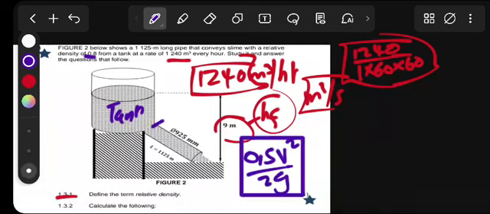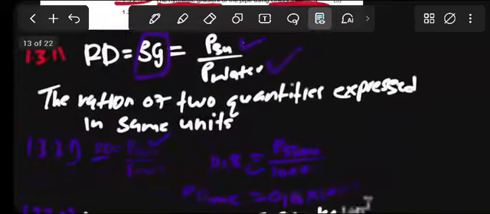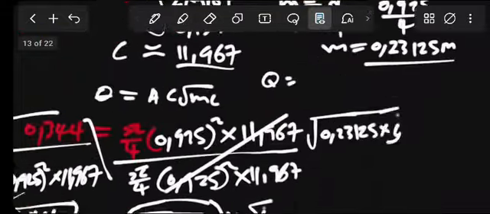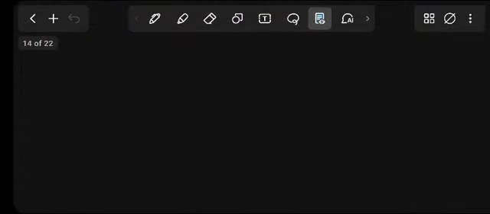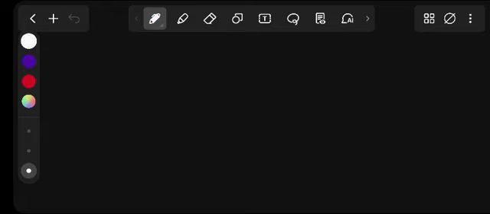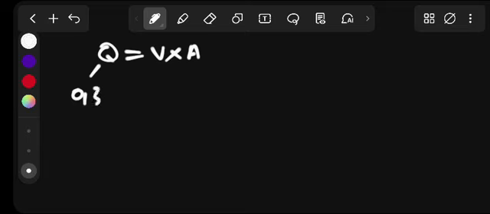The loss here is equal to this. So we have to find the velocity there. Then we'll be fine. Since we know the loss, let us find the velocity. Q is equal to velocity multiplied by area. We know that area multiplied by the velocity is one and the same thing. This here is the same as 0.344. We want the velocity.